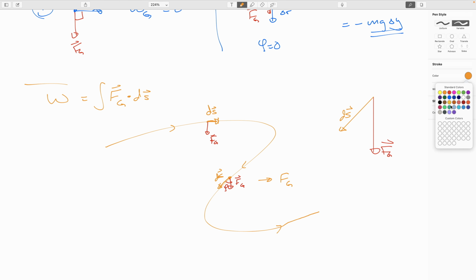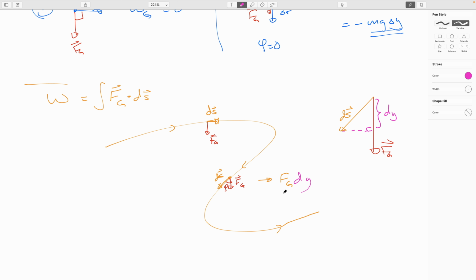What we're going to be doing is dropping, here we'll use pink, perpendicular down. And this piece right here, dy, the dot product is just going to be FG times that piece dy.